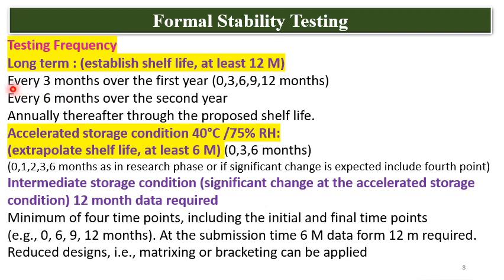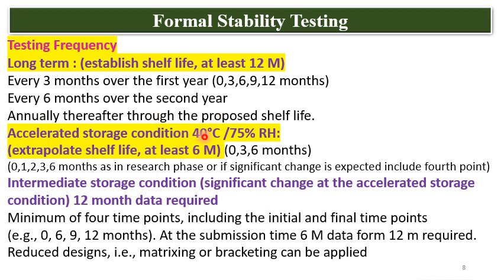So coming to the frequency, every 3 months over the first year, that is 0, 3, 6, 9, 12 months, every 6 months over the second year, and annually thereafter throughout the proposed shelf life. So if the proposed shelf life is 3 years, then from 3 years starting, it will be tested annually.